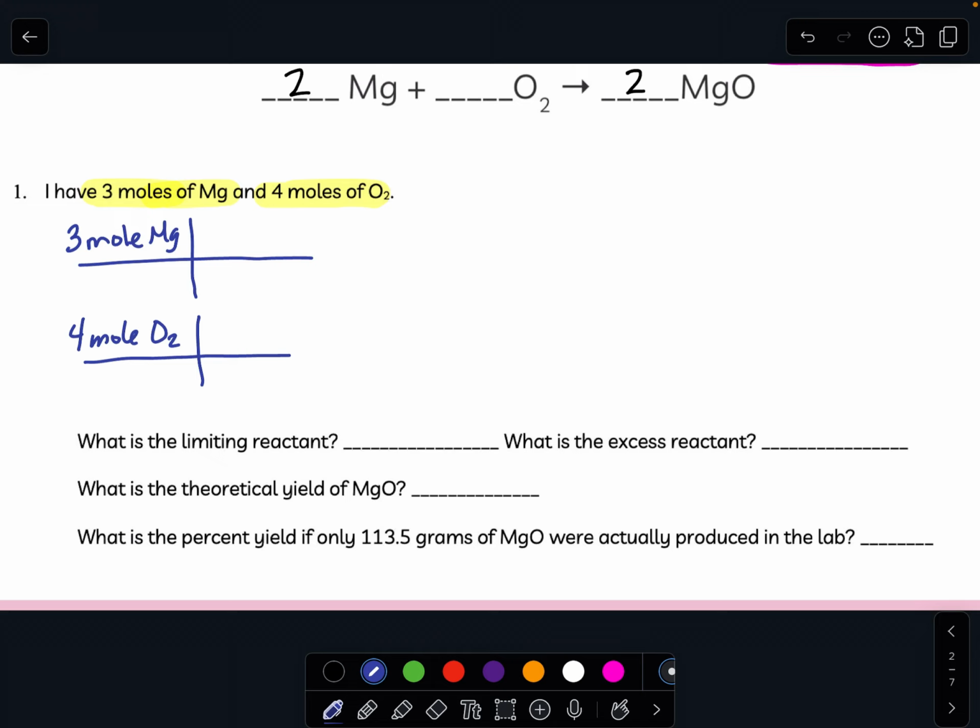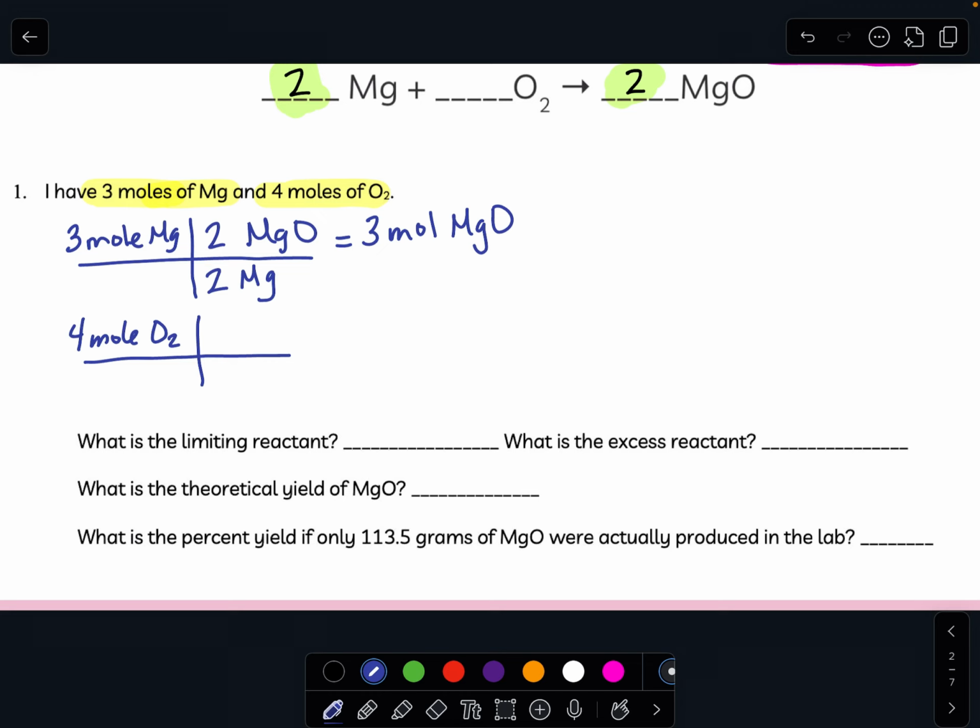So if I have moles of magnesium on the top, I know I have to put magnesium on the bottom, and I know that I'm going to get my ratio by looking at my balanced equation. So there's 2 magnesiums for every 2 magnesium oxides. So if I multiply and divide those, I end up with 3 moles of magnesium oxide.